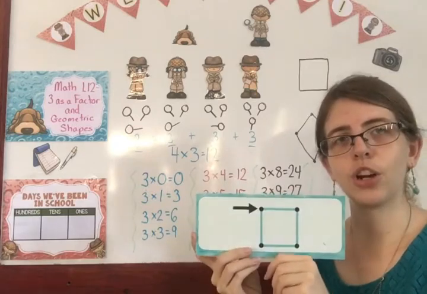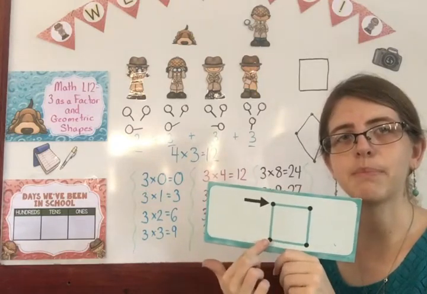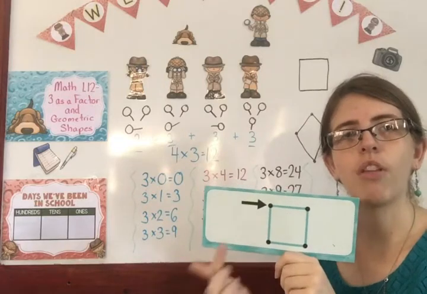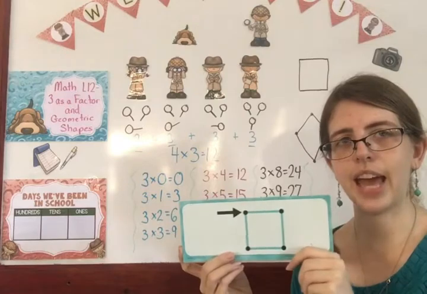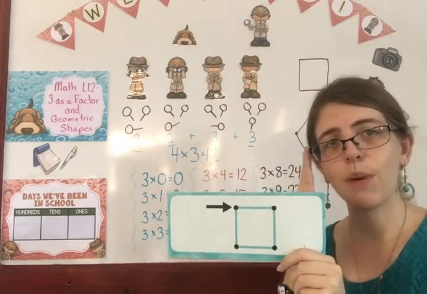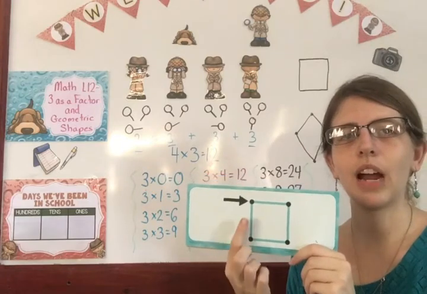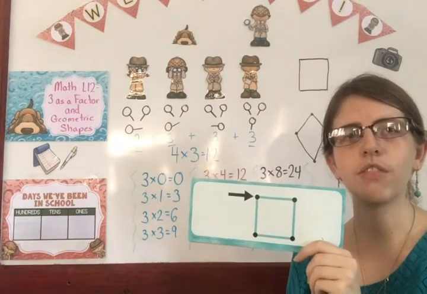All right, some terms. The point where your sides meet in a shape is called the vertex. So the point where they meet is the vertex. So what is this shape? It's a square, very good. A square has 1, 2, 3, 4 vertices.